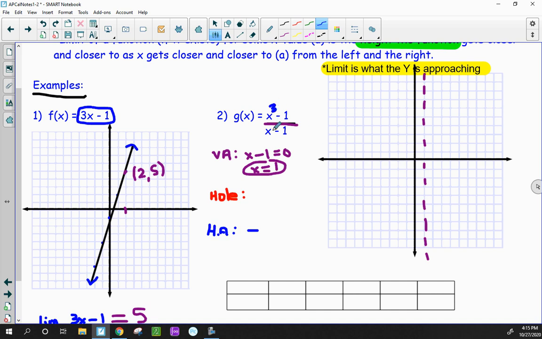When these are the same powers, the horizontal asymptote is the equation y equals the ratio of the coefficients. And last, when the power on the bottom is bigger than the top, so the top is smaller than the bottom, then the horizontal asymptote will be on top of the x-axis, which is y equals 0. That's just a quick review on how to find the HA.